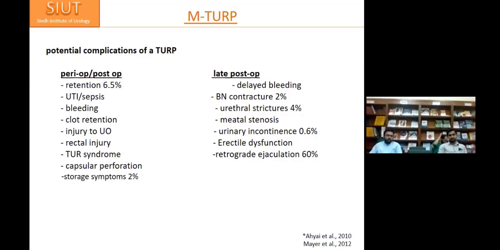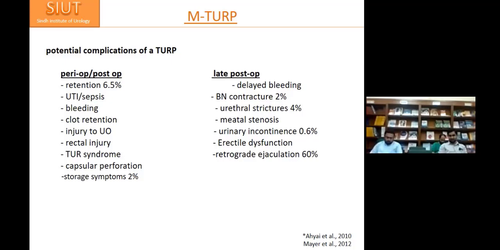Coming to the potential complications of TURP. One encounters peri-op and immediate post-op retention in 6.5% of patients, UTI, bleeding, clot retention, injury to ureteric orifices, rectal injury, TUR syndrome, capsular perforation, and storage symptoms like dysuria, urgency, and frequency.